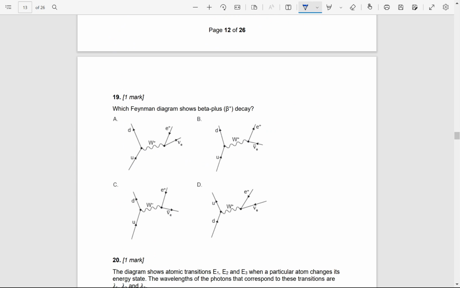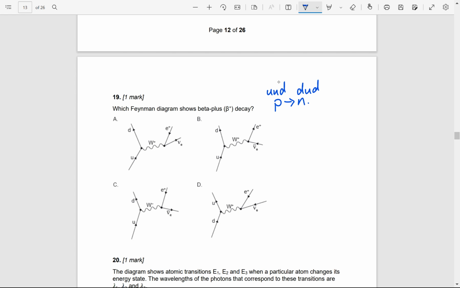Question 19, which Feynman diagram shows beta plus decay? So beta plus decay is a proton to a neutron. So this is up, up, down, and this is down, up, down.